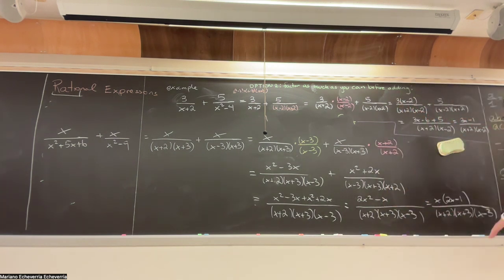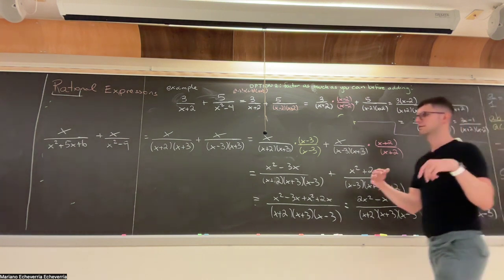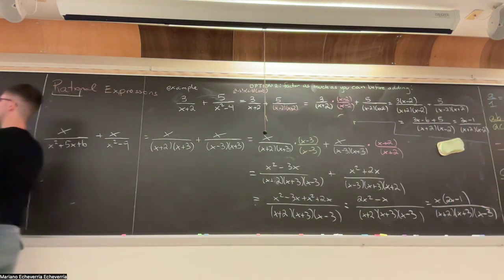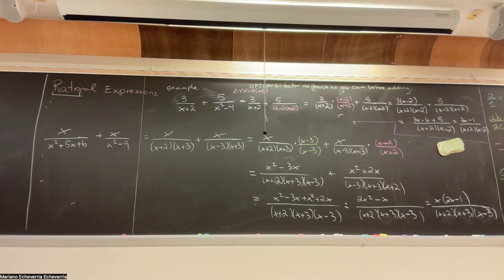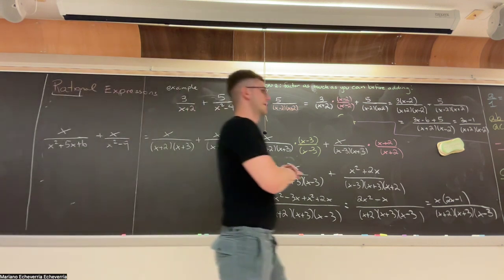So I would just leave it as it is. If you had multiplied out the numerator and written it as 2x squared minus x, that's fine. But it is better to factor out as much as possible in the numerator, and the same for the denominator.